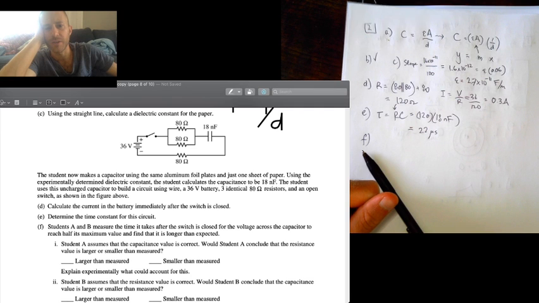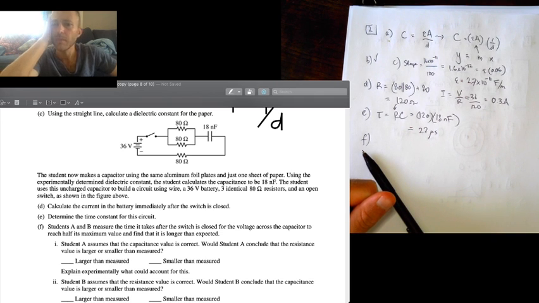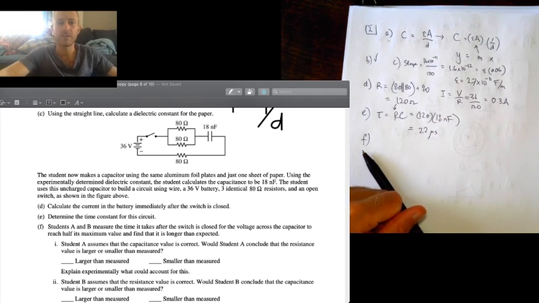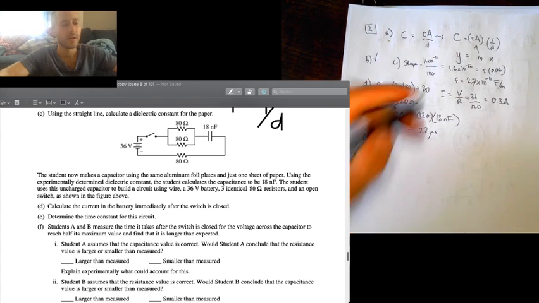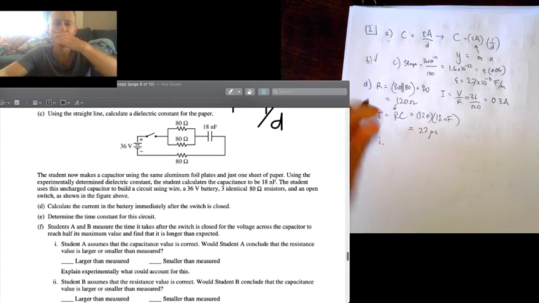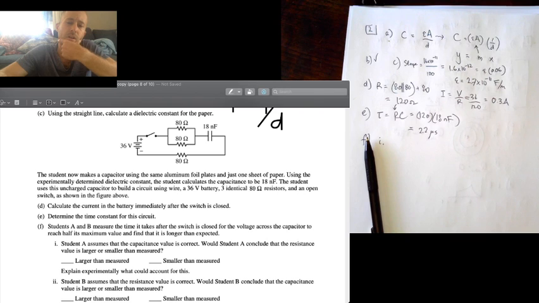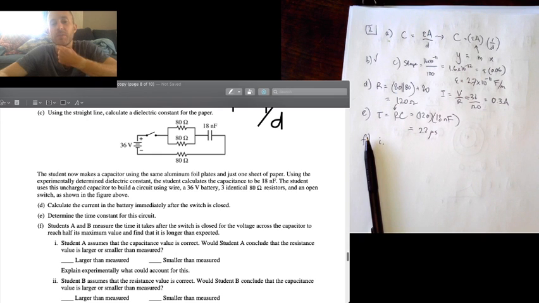Student A assumes that the capacitance value is correct. Would student A conclude that the resistance value is larger or smaller than measured?